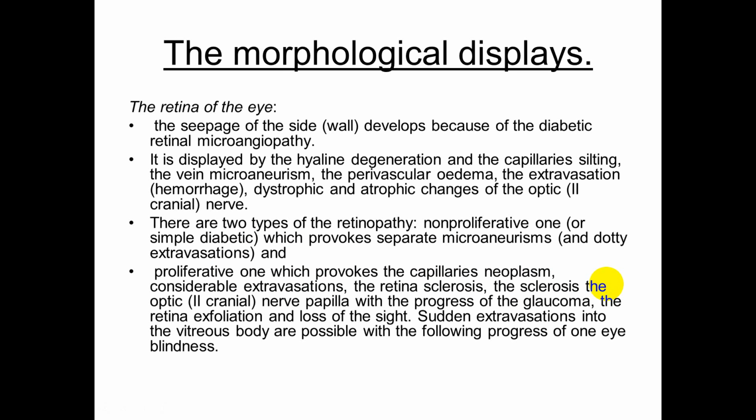The sclerosis is of the optic nerve papilla, with the progress of the glaucoma, the retina exfoliation, and loss of sight. Sudden extravasation into the vitreous body is possible, with the following progress of blindness of the eye.